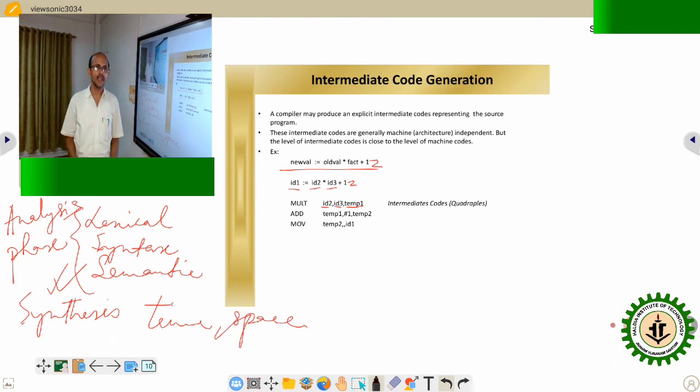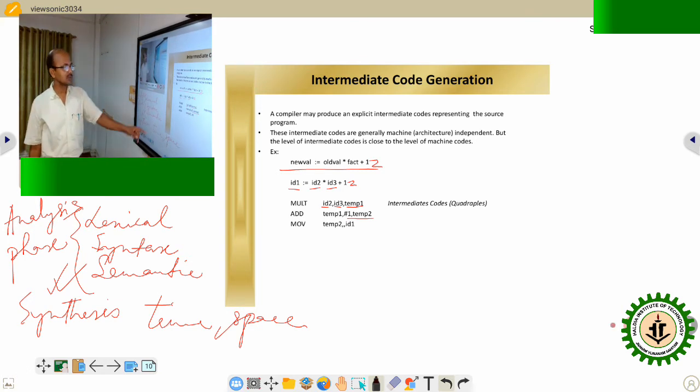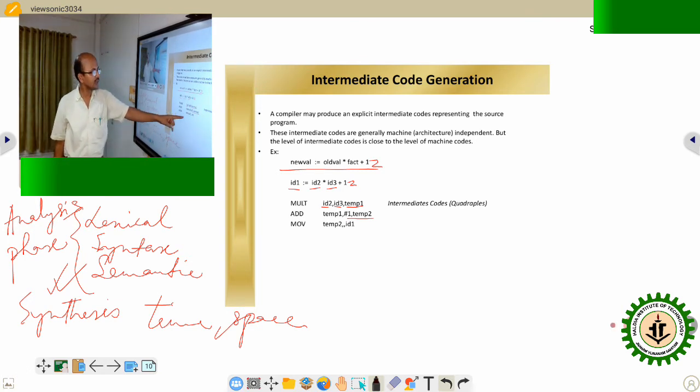Now this temporary value 2 will be loaded into identifier 1, because ultimately this result will be stored into identifier 1. This is the intermediate code.